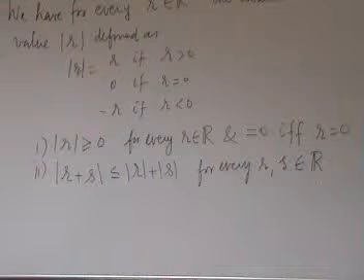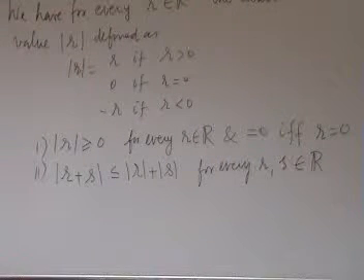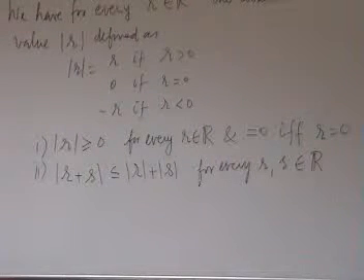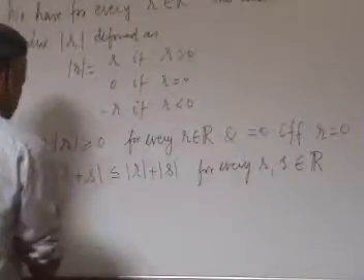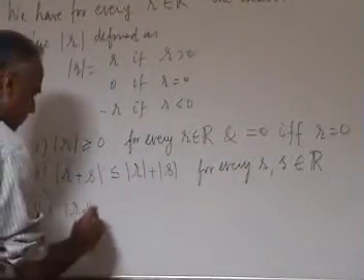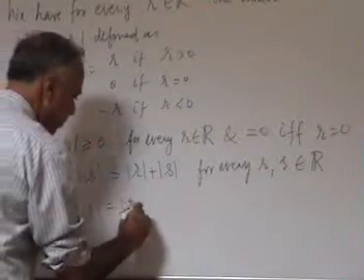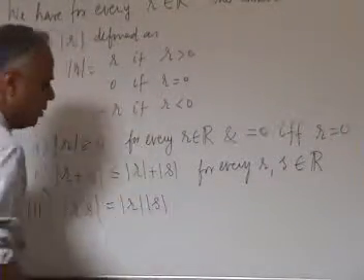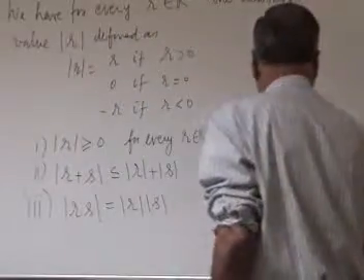So that's what it does to the addition operation. There is also the multiplication operation in the real numbers, and what does it do to the multiplication? The absolute value of r s equals the absolute value of r times the absolute value of s, for every r and s.